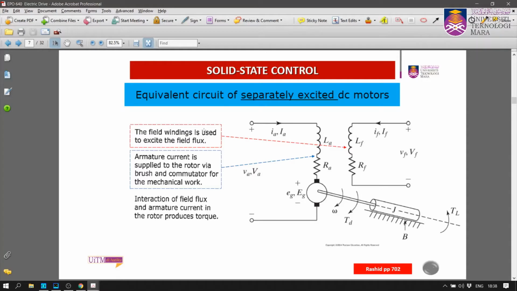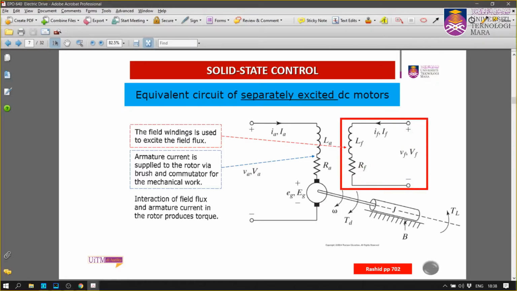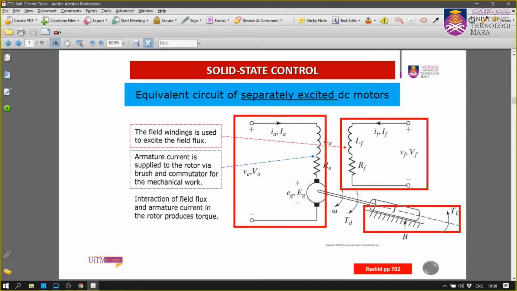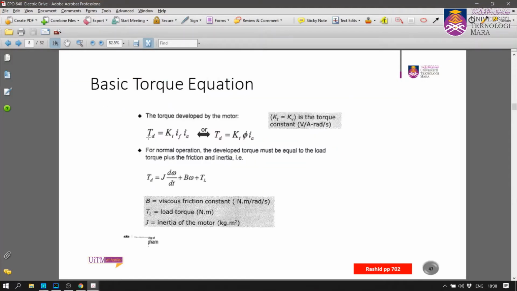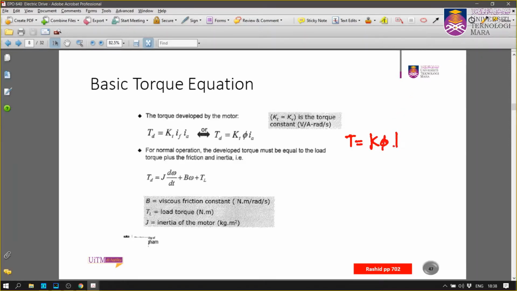Okay, so here it shows that this is your field circuit, then you have the armature circuit connected to the load. Therefore the developed torque can be some constant KT multiplied by IF multiplied by IA, because we also know that torque is also equal to K flux IA.